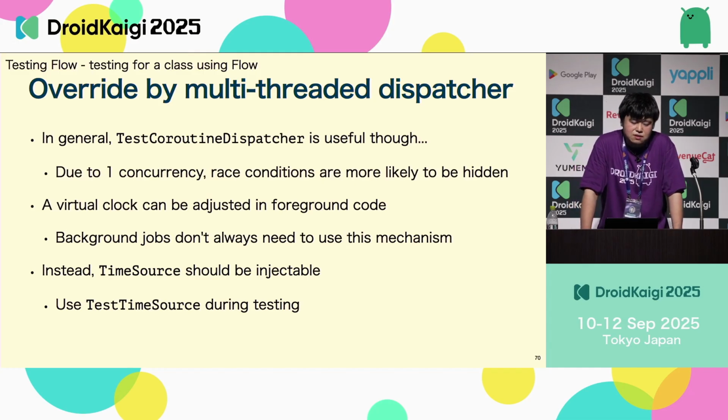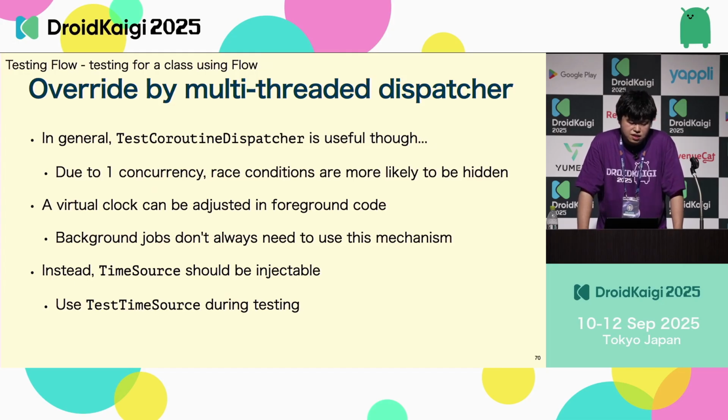Generally speaking, this is useful when writing coroutine tests. However, it will hide race conditions due to single concurrency, as the test coroutine dispatcher is a single-threaded dispatcher. For reliable testing, the multi-threaded behavior should be tested.